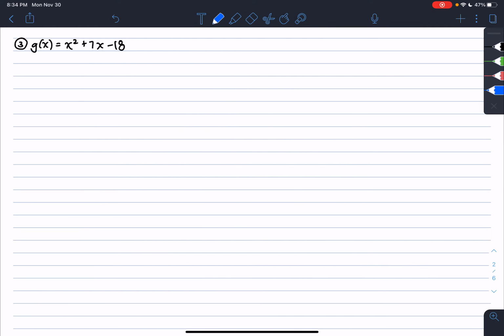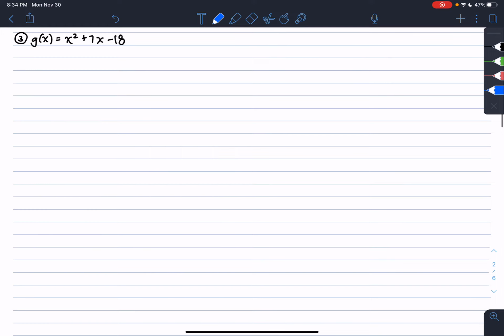Okay, there we go. So when we solve for the intercepts here, similar idea. For the y-intercept, we're going to plug in x is 0. So I get g of x equals x squared plus 7x minus 18.